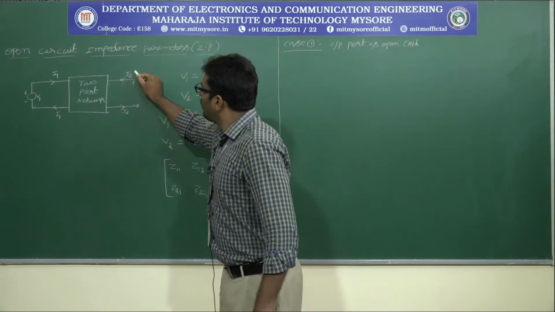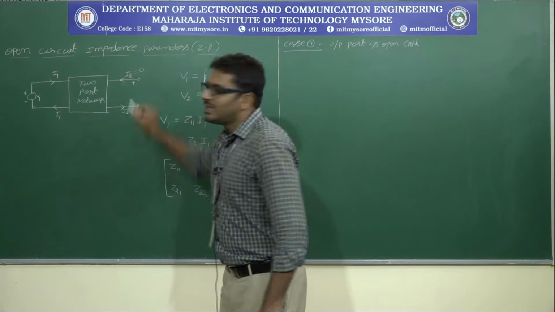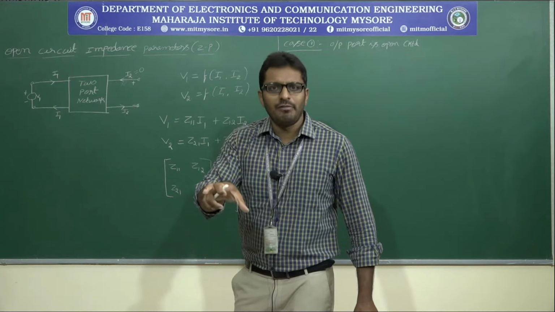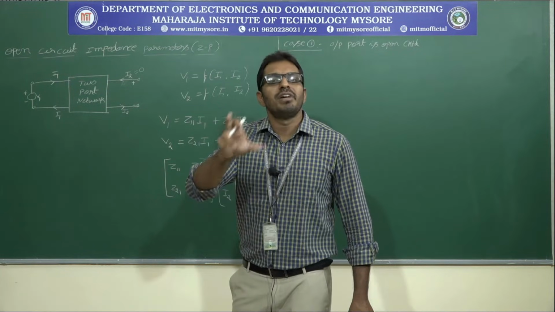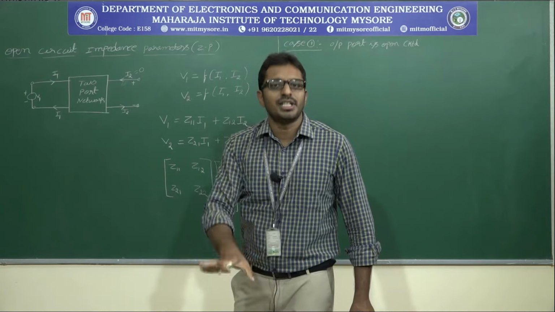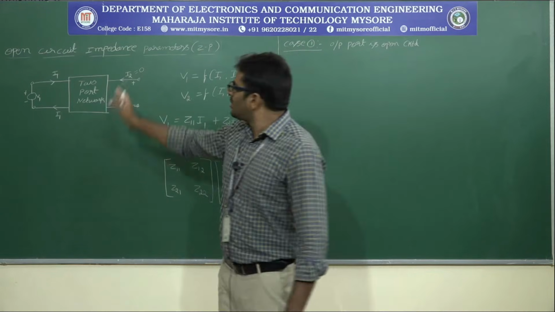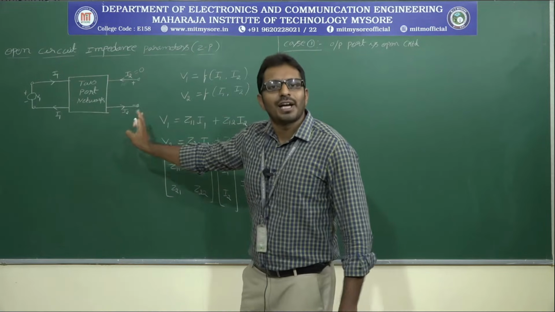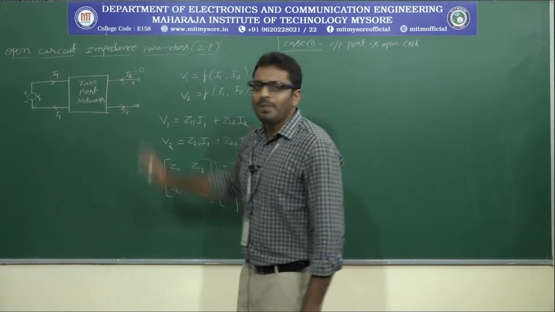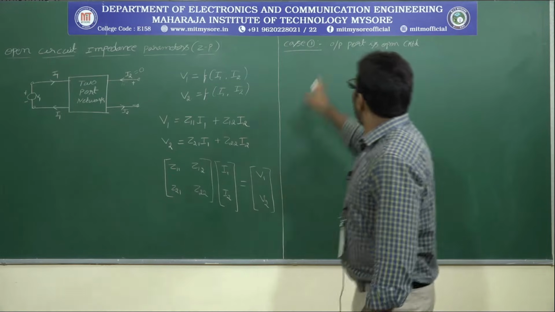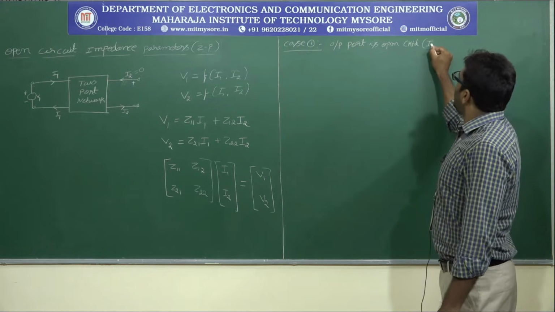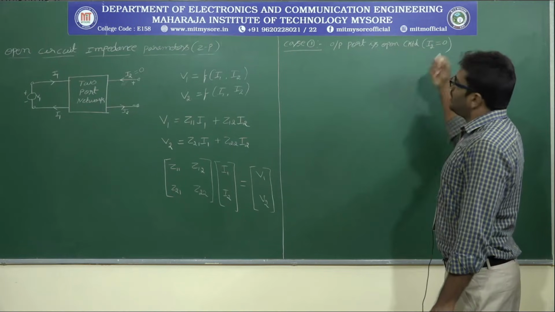When the load is removed, what is I2? I2 becomes 0. What is V2? There will be a V2 because voltage is measured under open circuit condition only. But because the load is removed, there is no path for the flow of current. That's why I2 becomes 0. Therefore, output port is open circuited means I2 is equal to 0.